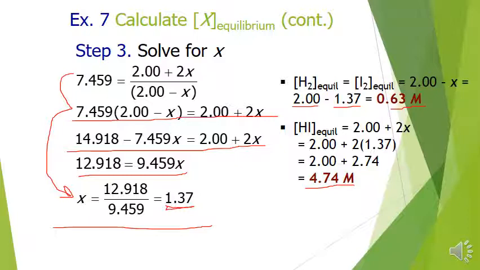So take this 4.74 and put it back in the equilibrium expression, 4.74 squared over 0.63 times 0.63, and it should give you your 55, whatever it was, 55.6.